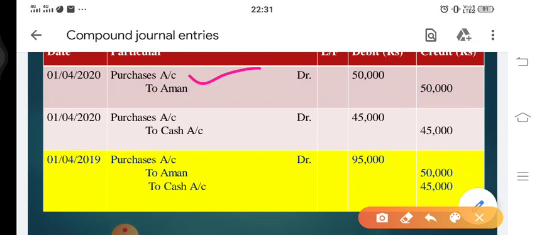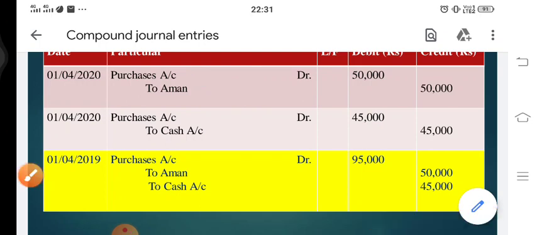On the same date, we have purchased goods for 45,000 for cash. That means we have purchased goods for which we are paying cash.